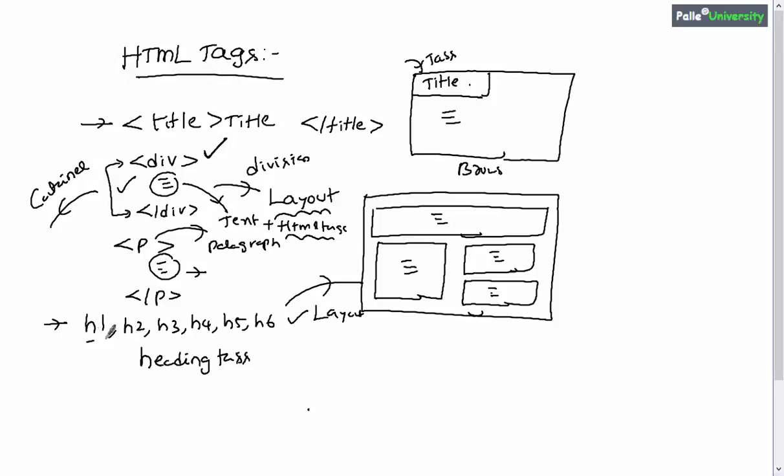In general, if you use the h1 tag, the font size of the heading will be large, the font will be more. And if you use h2, obviously the font size will be a little bit less compared to h1, and so on. When you display some heading or subheading by using h6, the font size will be the least. And when you use the h1 tag, the font size will be the highest.